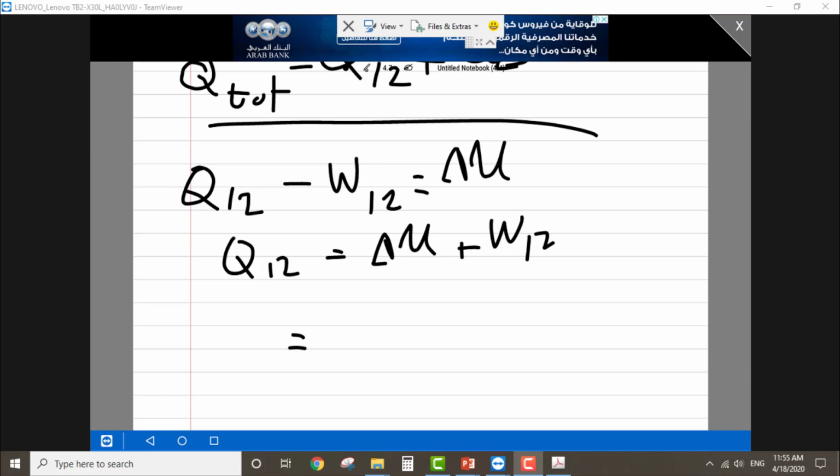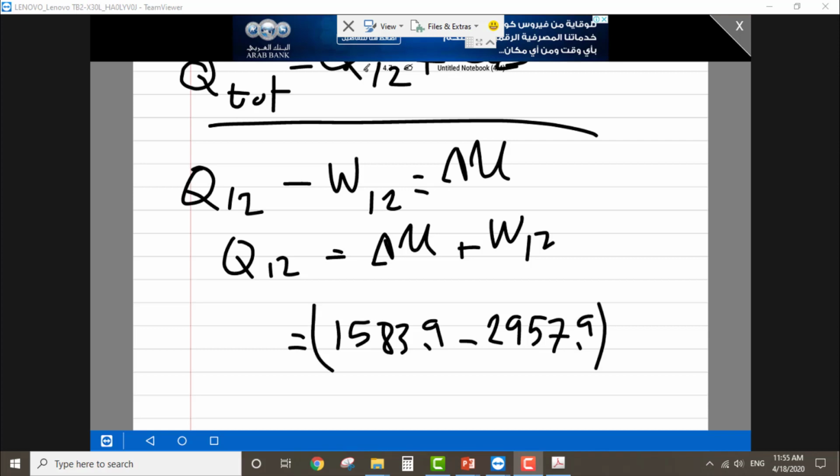U2 was 1583.9 minus, you can go back and check this value, 2957.9. Okay, this is U1 and this is U2.